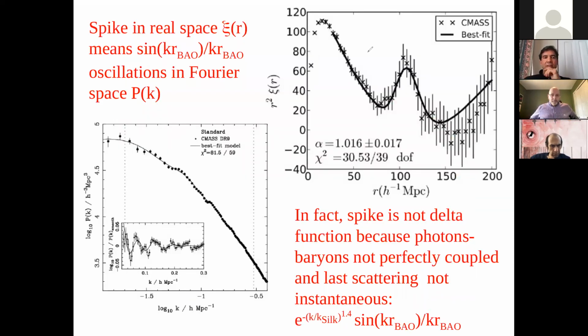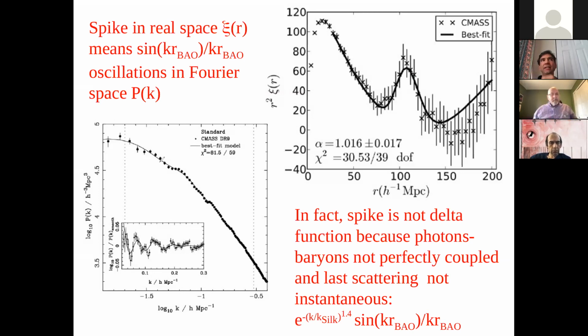Okay, the way the rod is usually presented is in terms of the power spectrum of galaxies. And so here is data from the CMASS survey showing the power spectrum. And the way I like to think of this is, as Elena knows, I like always to think in real space. So I think of this as a shell in real space.